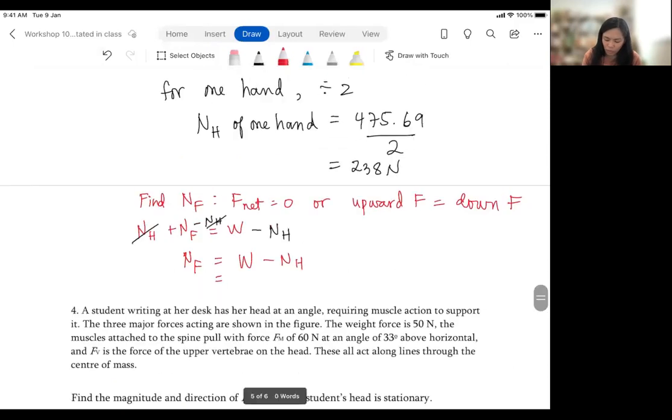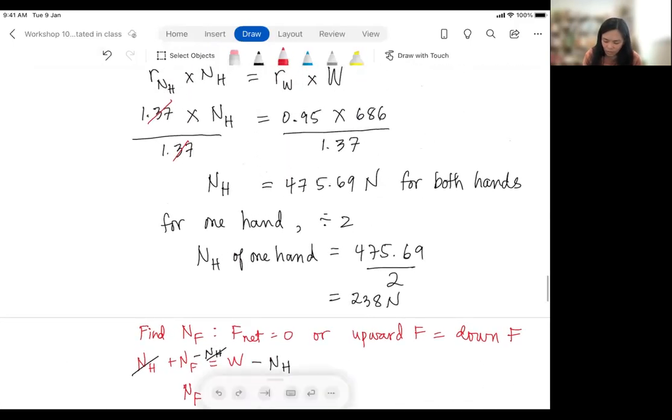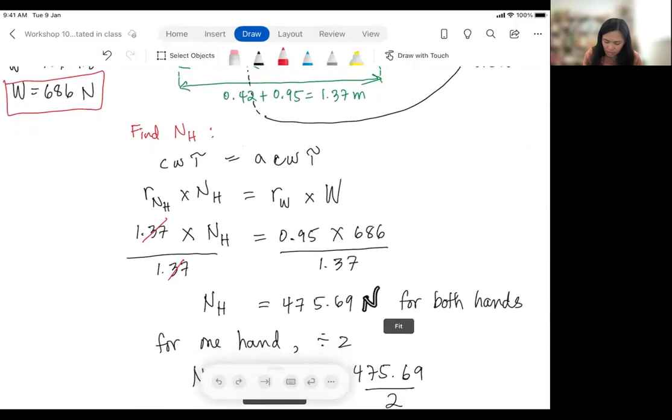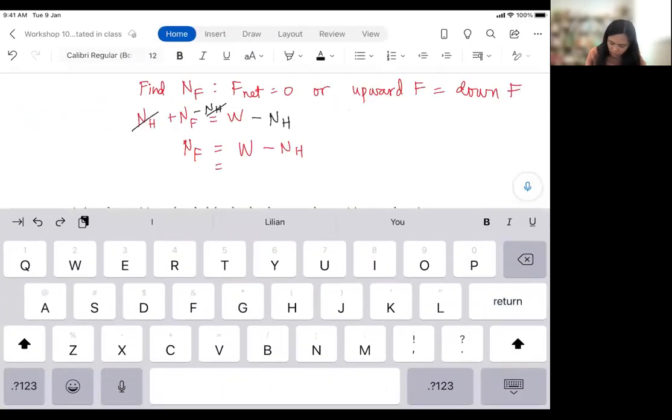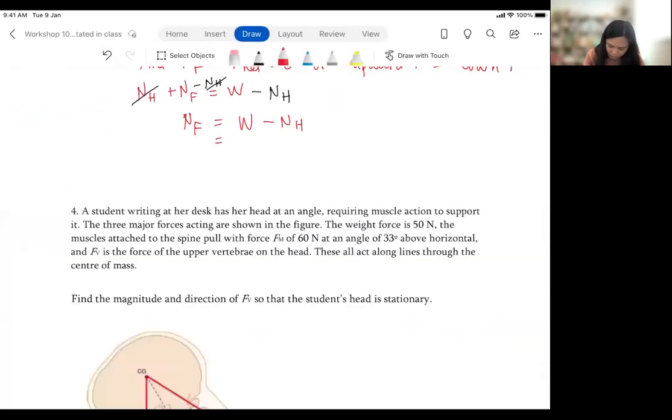Okay, the weight force, we calculated that to be 686 newtons, minus N hands, which we solved earlier for both hands to be 475.69.